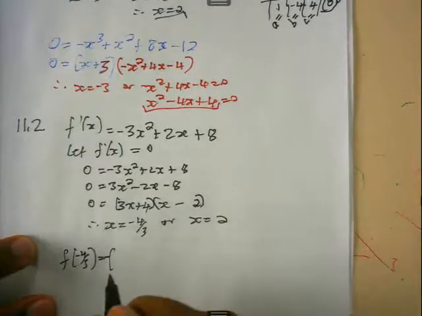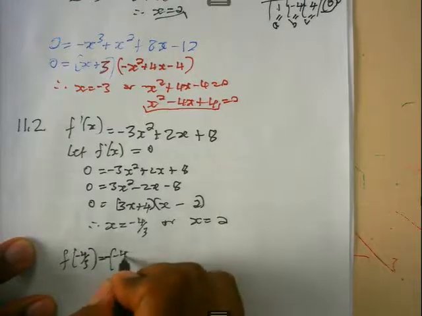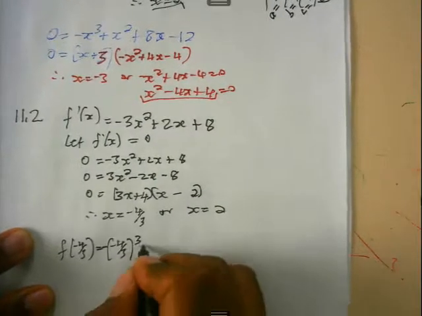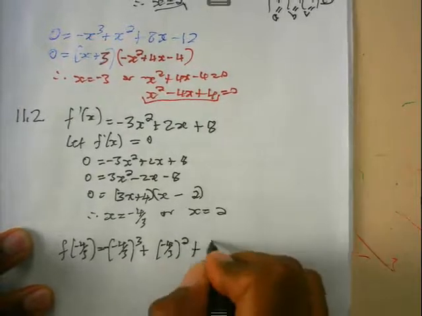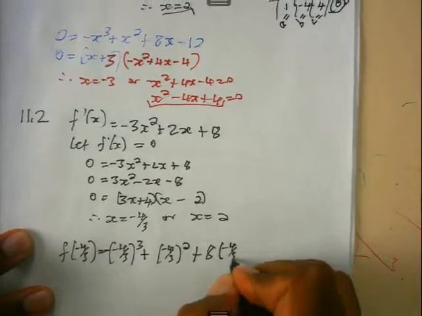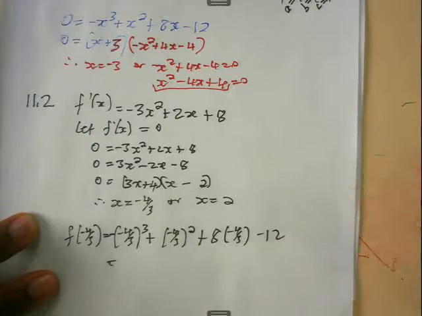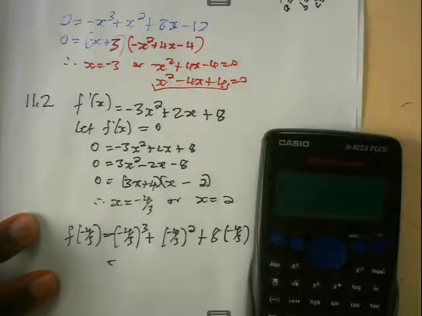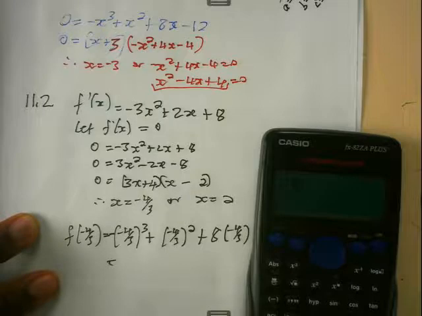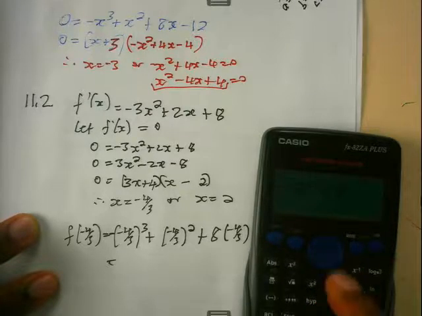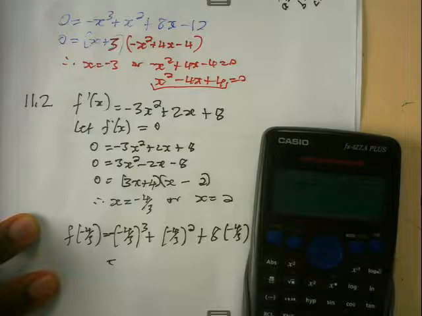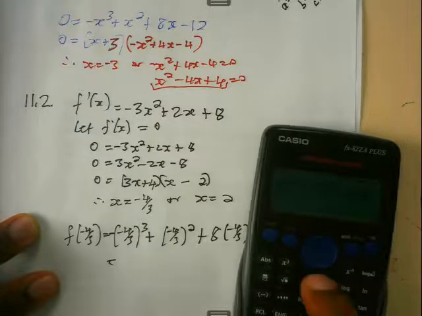In the original equation, where you have minus x, with x being minus 4 over 3 to the exponent of 3, plus minus 4 over 3 squared, plus 8 multiplied by minus 4 over 3, then minus 12.